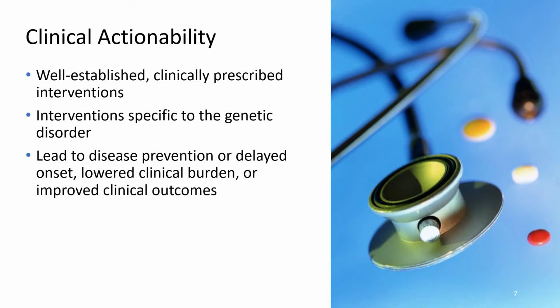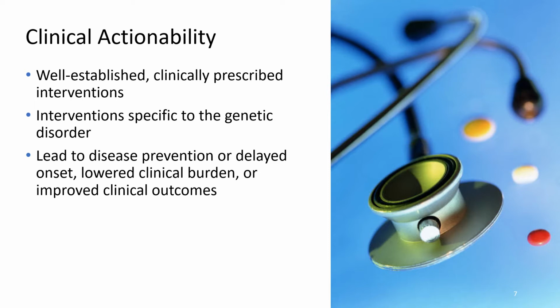When we think about interventions associated with clinical actionability, we're really thinking about well-established, clinically prescribed interventions, so something that your doctor would tell you to do. We also think about interventions specific to the genetic disorder, so we don't think about general things that people are recommended to do, like eat a healthy diet or exercise more. It must be specific to the genetic disorder being considered.